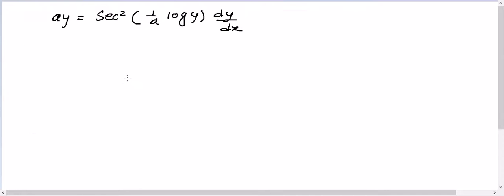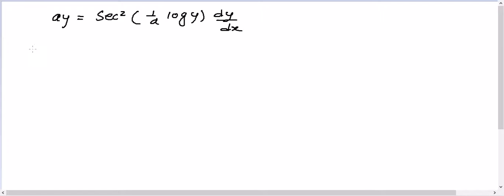So guys, continuing, as you can see on the right side we have two functions, sec square of 1 by a log y into dy by dx, right? Dy is the second function. So to continue and to find the derivative, we need to use the product rule, guys. And we use the product rule when we need to find the derivative of the product of any two functions.